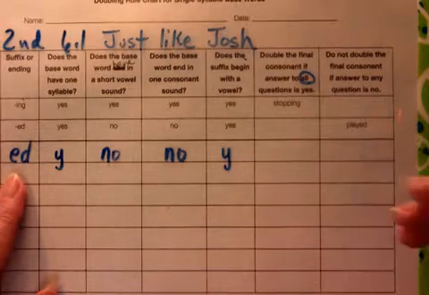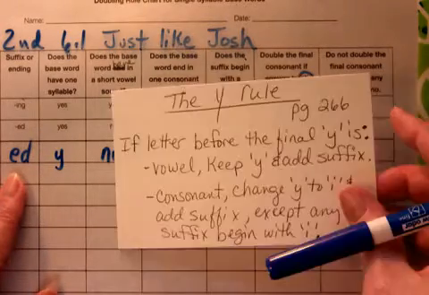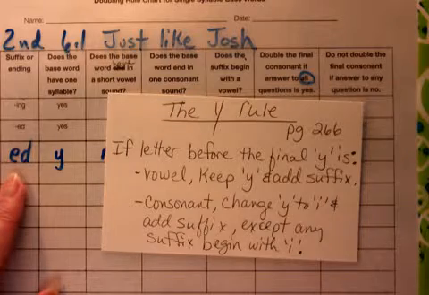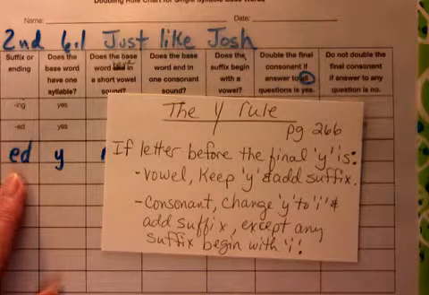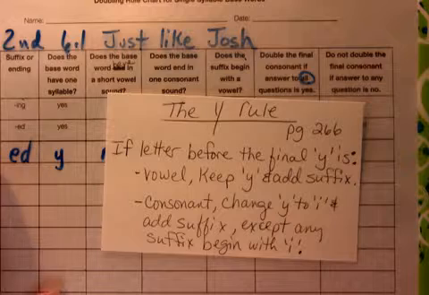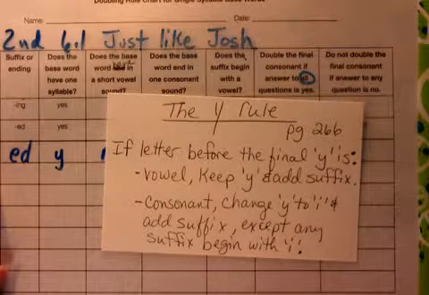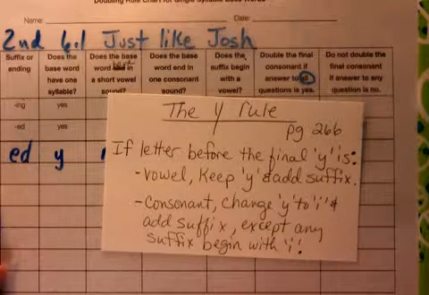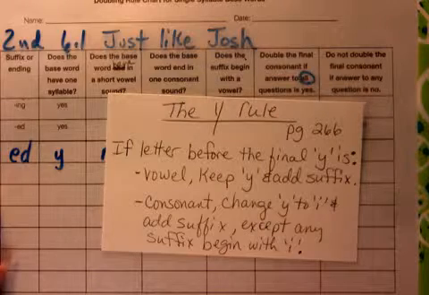But before we do that, we have to know the Y rule. If the letter before the final Y in the base word is a vowel, you will keep the Y and add the suffix ending.